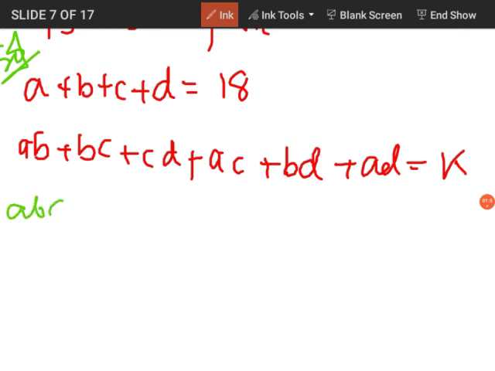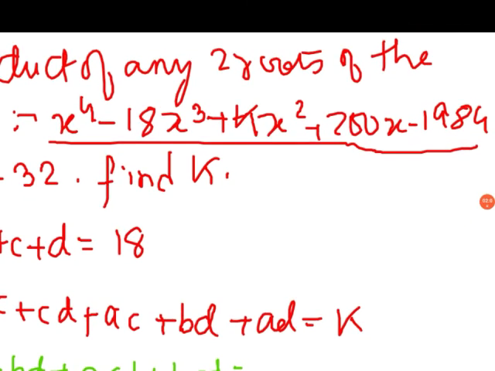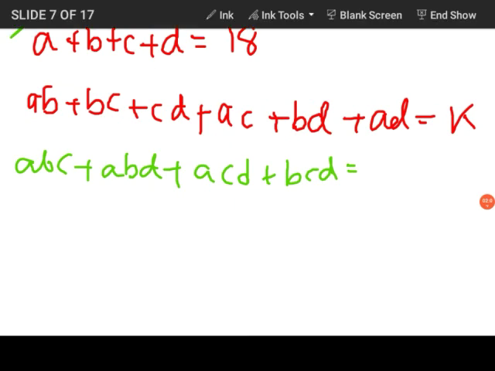So ABC plus ABD plus ACD plus BCD, taken 3 at a time, will be minus 200, and the final one, the product ABCD, is equal to minus of 1984, right? Now it has been told that the product of any two roots is minus 32.